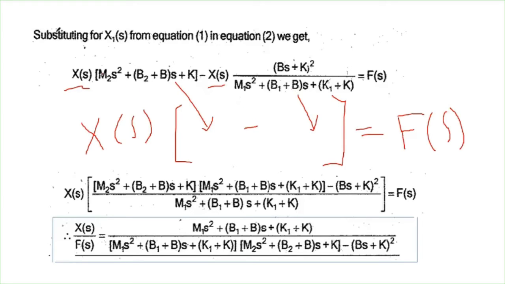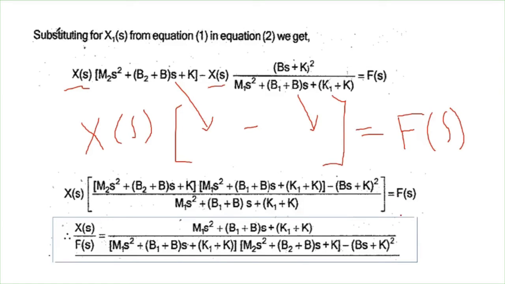What will be the difference? Cross multiply these two terms: m2s square plus b2 plus bs plus k into m1s square plus b1 plus bs plus k1 plus k, minus bs plus k the whole square, divided by m1s square plus b1 plus bs plus k1 plus k, equal to f of s.